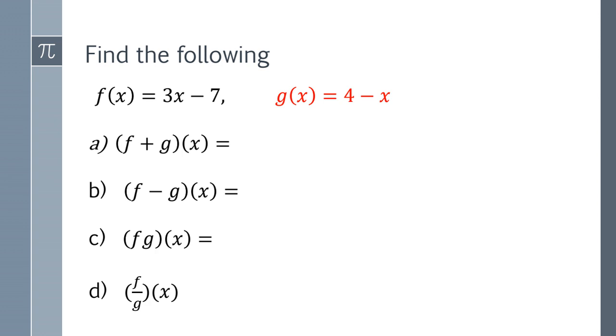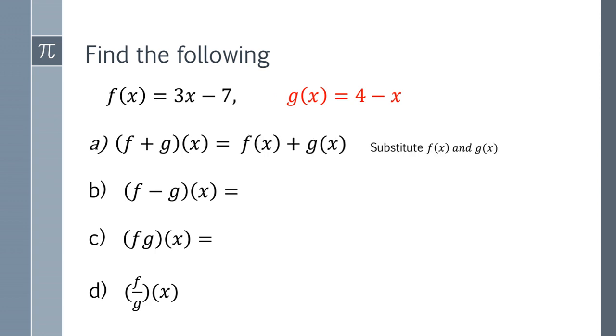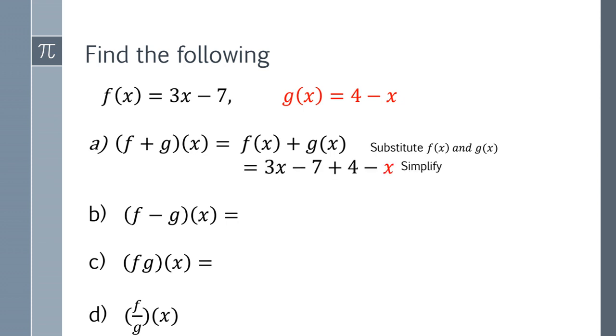So I'll rewrite it in this format, f of x plus g of x. And by having it this way, I can just substitute what f of x and g of x are, okay? So f of x is 3x minus 7 plus g of x, which is 4 minus x, and then all I have to do is simplify.